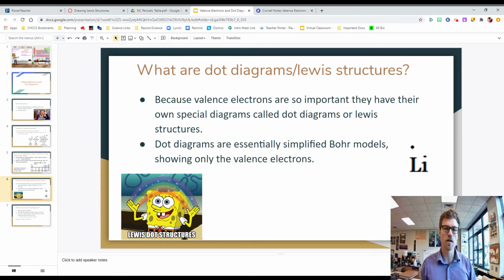Dot diagrams are basically simplified Bohr models where we just have the symbol of the element plus the number of valence electrons. For example, lithium is in group 1A. It has one valence electron. So here is the symbol Li with one dot. Nitrogen in group 5A has 5 dots representing those 5 valence electrons.